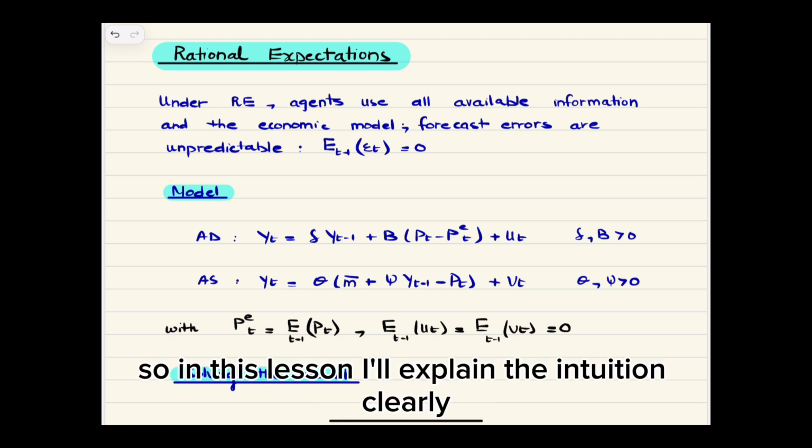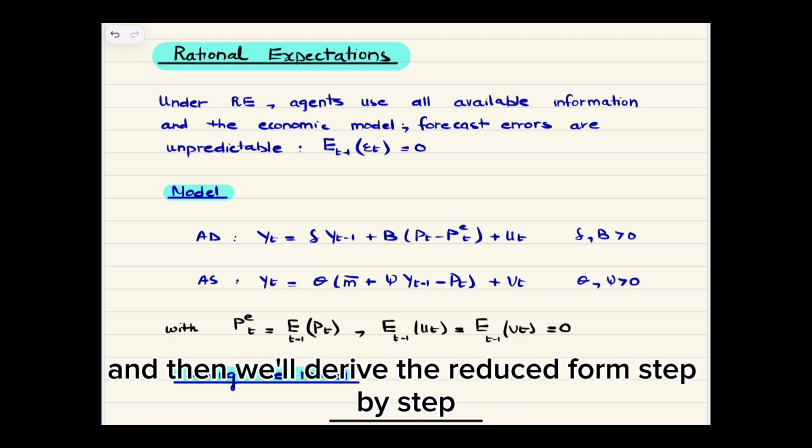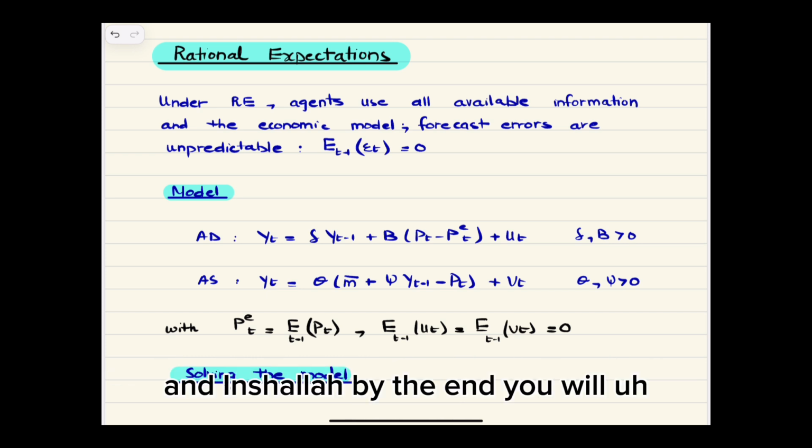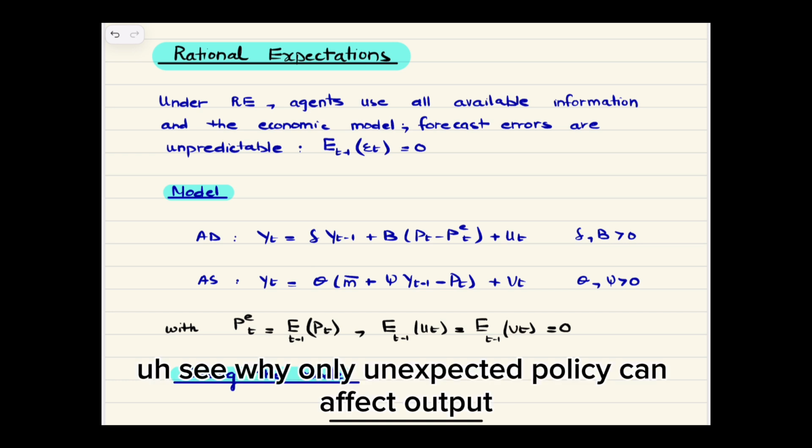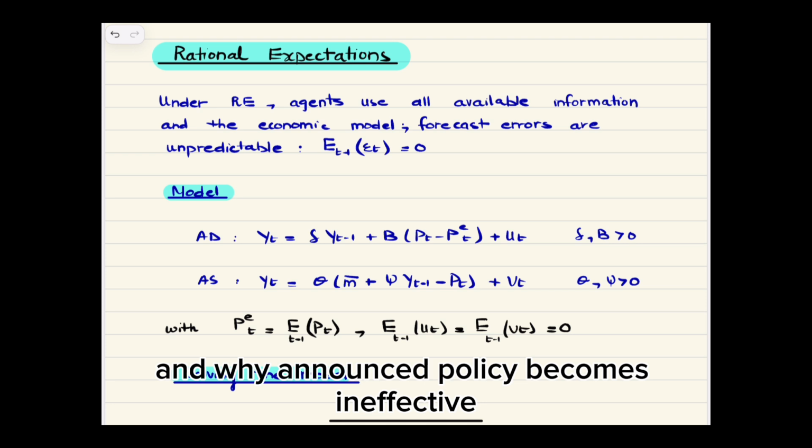So, in this lesson, I'll explain the intuition clearly and then we'll derive the reduced form step by step. And inshallah, by the end, you will see why only unexpected policy can affect output and why announced policy becomes ineffective.